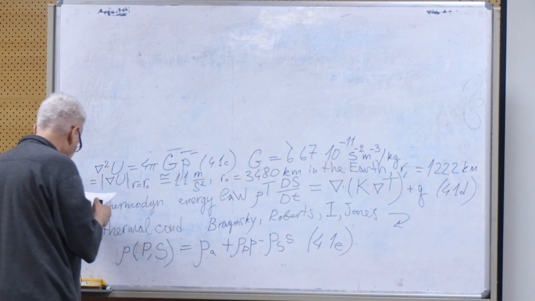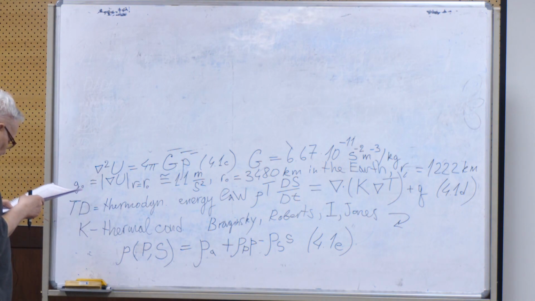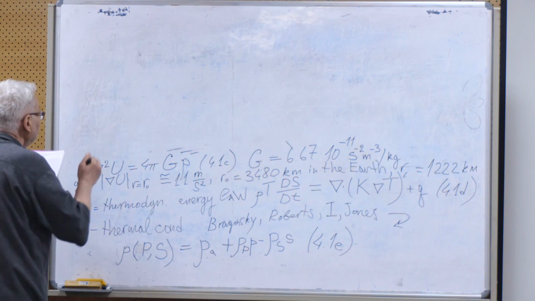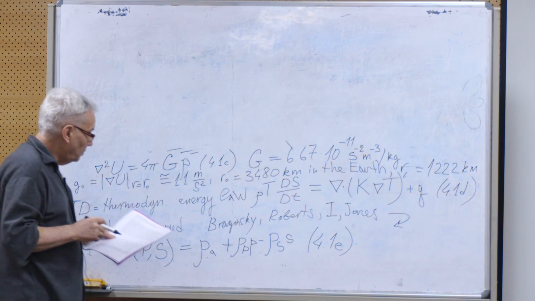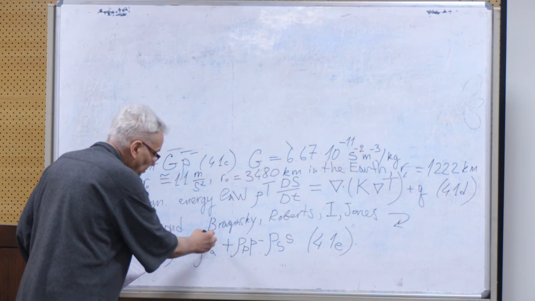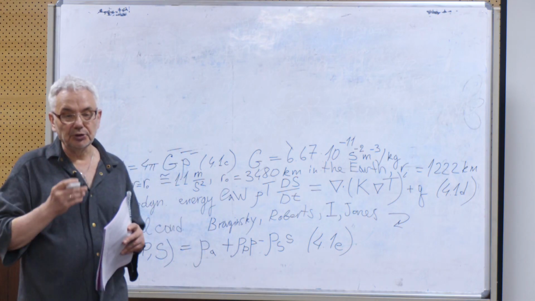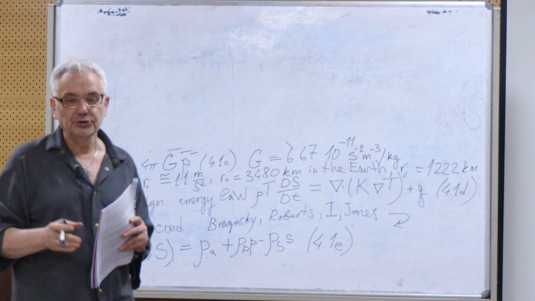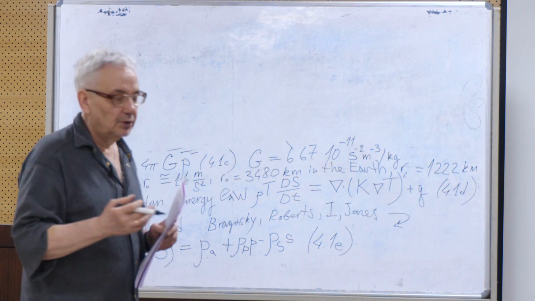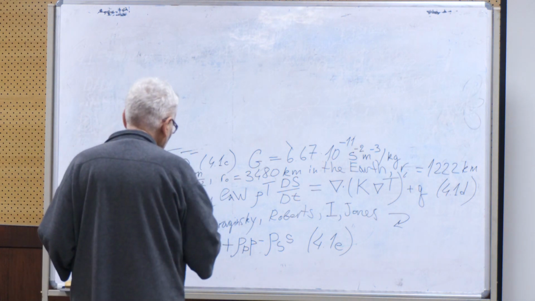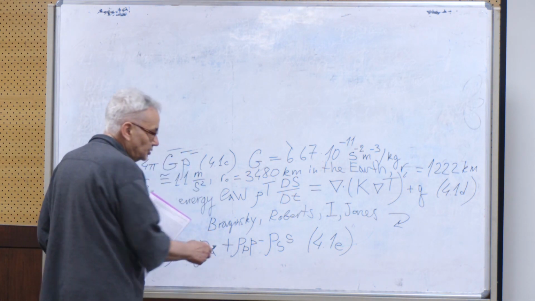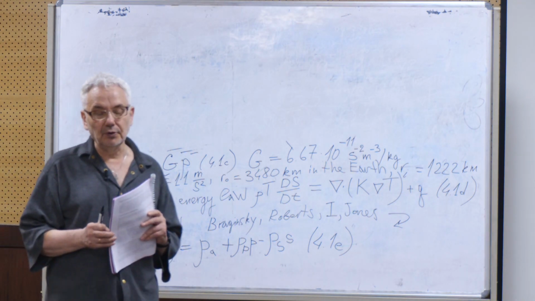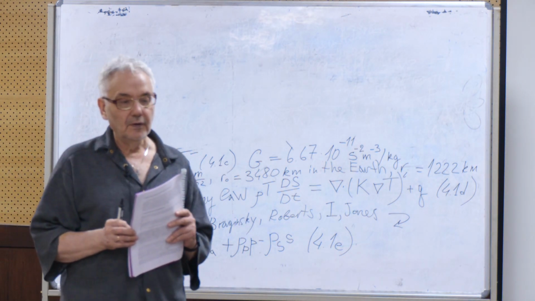Okay, then I remove the rest. So even by definition, we can write these things down. First of all, of course, the adiabatic density, this one, is rather well determined directly from the seismic experiment. So if we consider the case of the Earth, this adiabatic density is rather well determined from the seismic data.